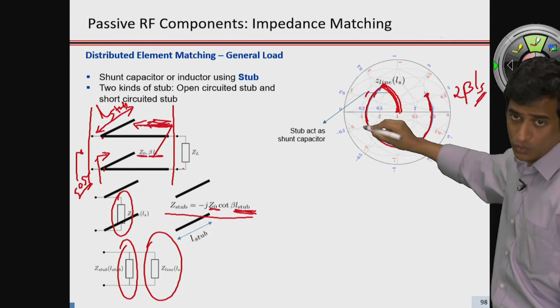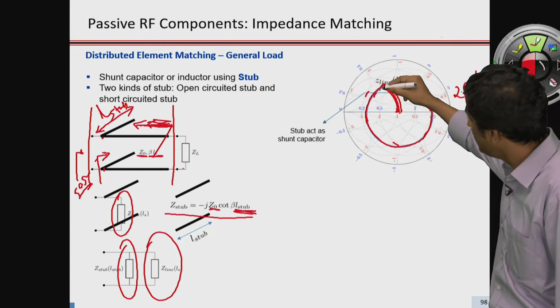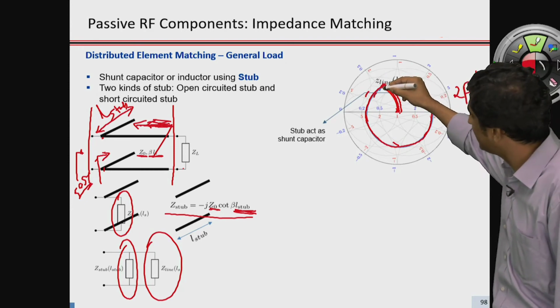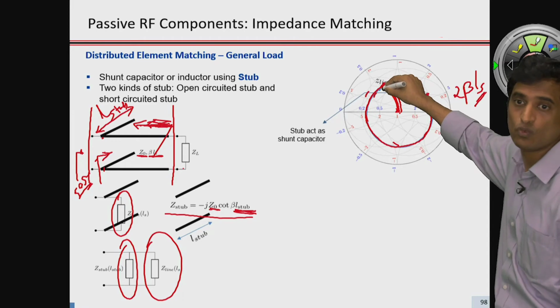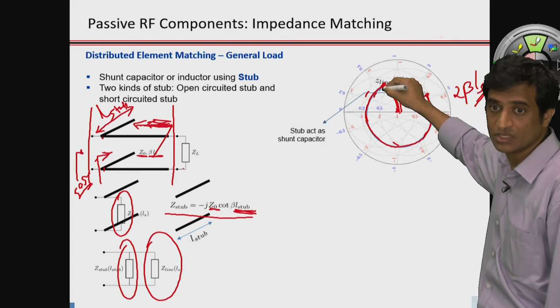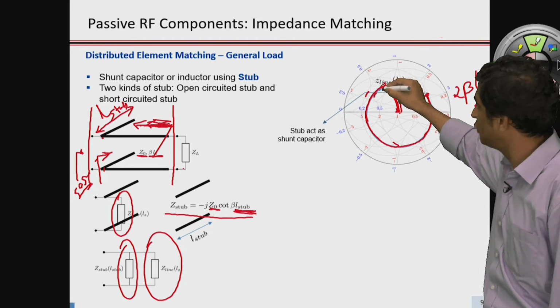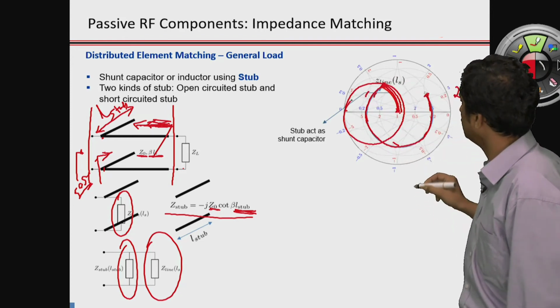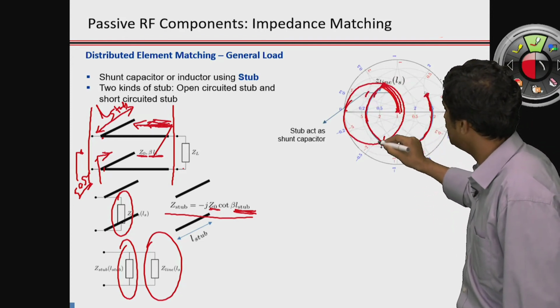The G equal to 1 curve, selecting that particular point here, is only one of the two possible choices. Because the G equal to 1 curve is a full circle, the intersection happens even here.